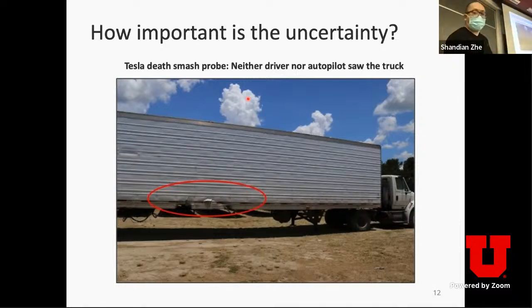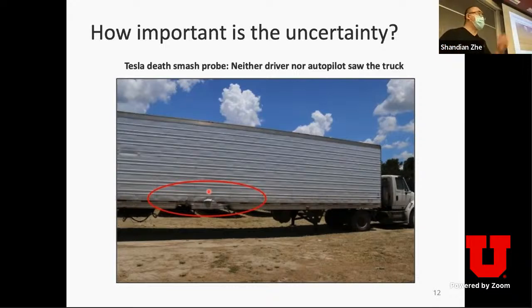It's a tragedy, right? But consider how we can avoid such a tragedy. If we are able to give some confidence score, like even if I predict, okay, this is empty, but my confidence is low, my uncertainty is very large, then I can warn the drivers.